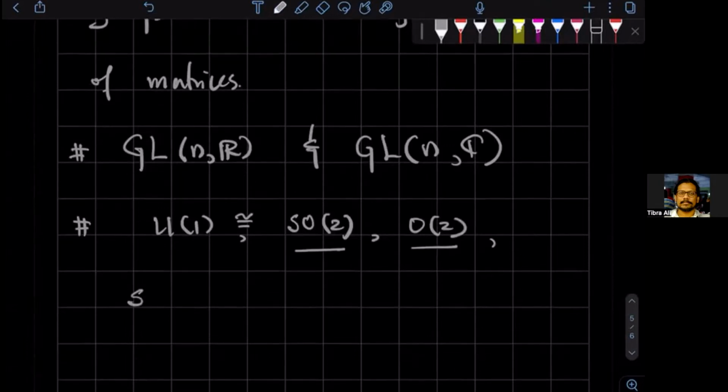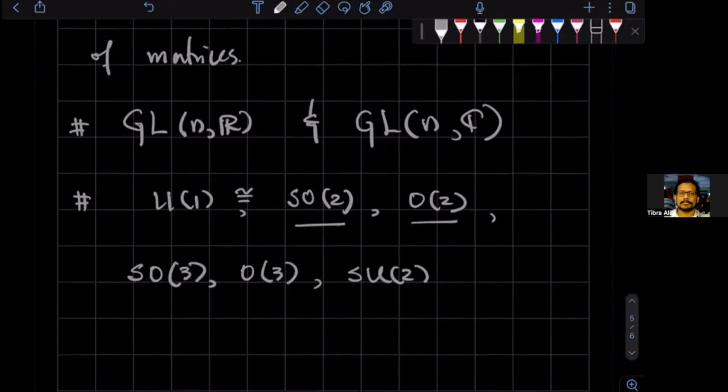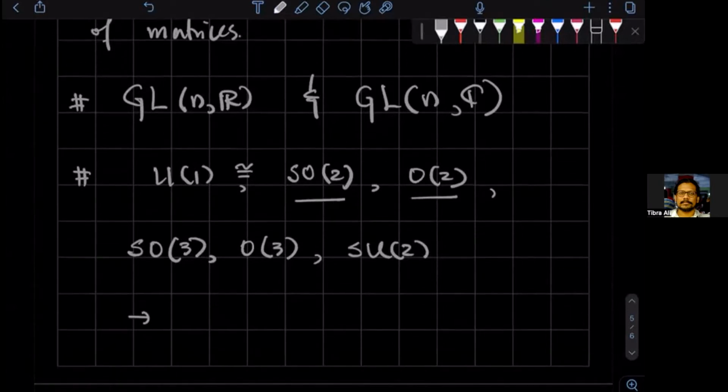And then we have also had the rotation group SO(3), and of course it sits inside O(3). And then we had SU(2). So these are all examples of groups which are compact Lie groups.